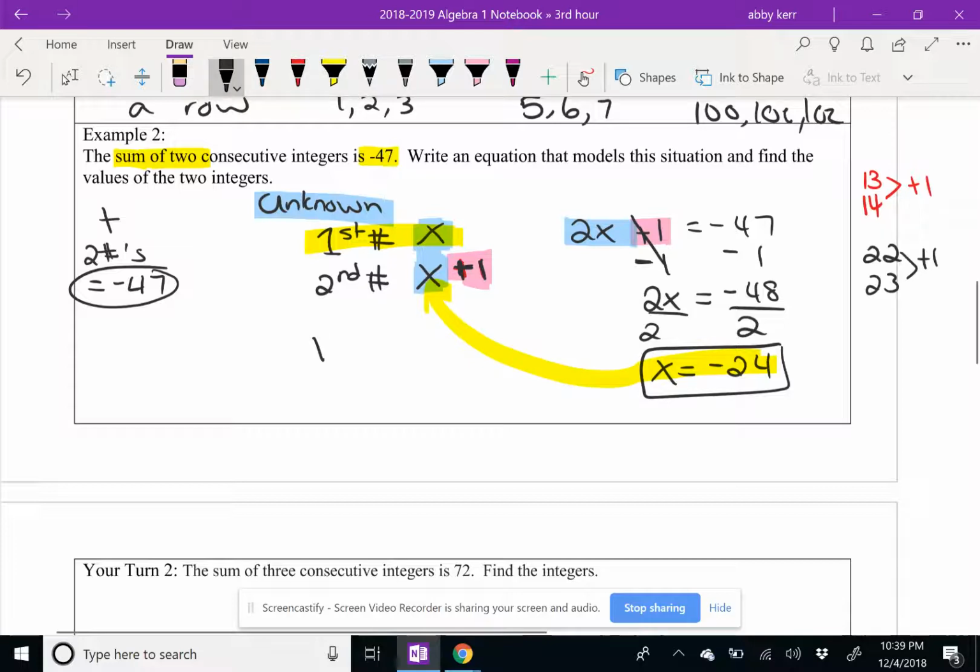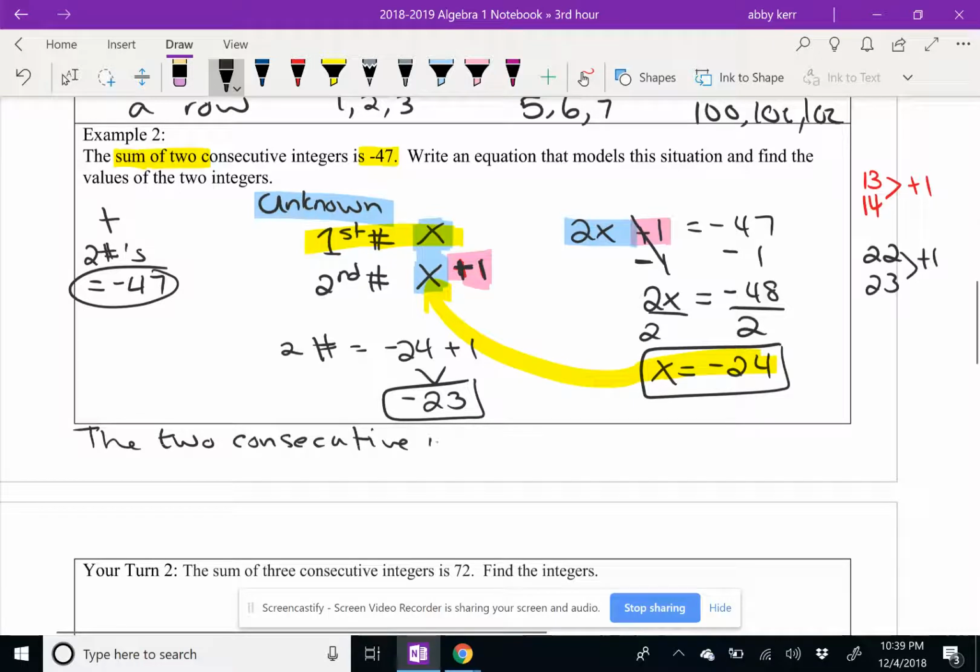So then the second number is just negative 24 plus 1, which in this case is negative 23. So the 2 consecutive integers are negative 24 and negative 23.